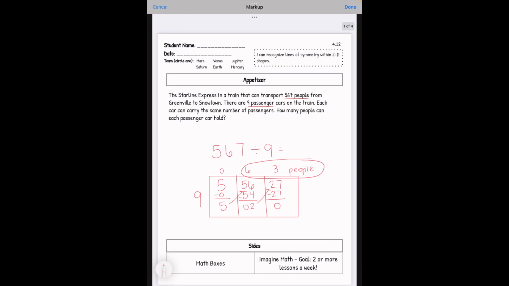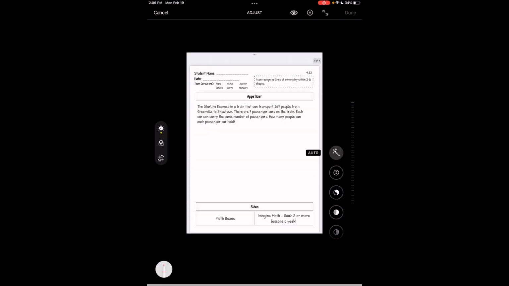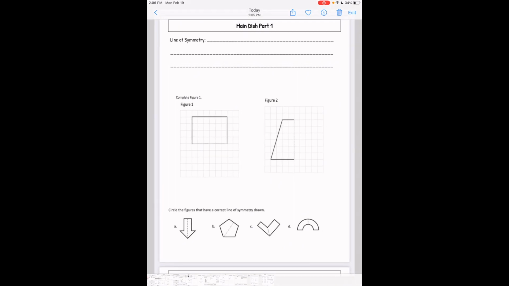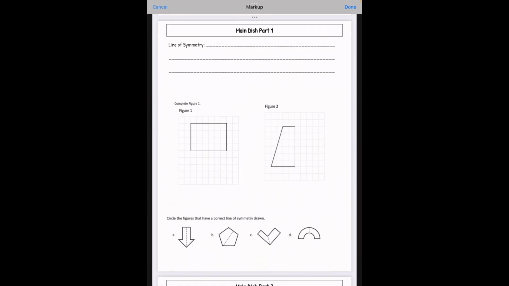All right, go ahead and move on to main dish part 1. We're going to start off with a definition talking about line of symmetry. You've probably heard this term before. A line of symmetry is just a line that divides a shape or an object into two equal and symmetrical parts.